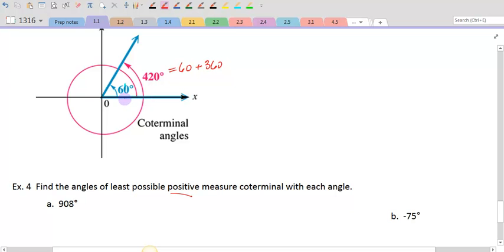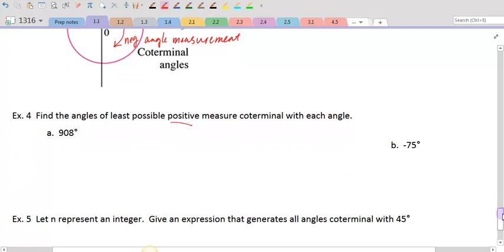If, however, I went this way, which is clockwise, I would end up with a negative angle measurement. So by moving counterclockwise, we have positive values. When I move in the opposite direction, clockwise, I have negative angle measurements.